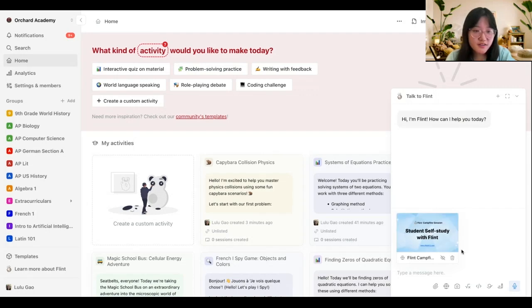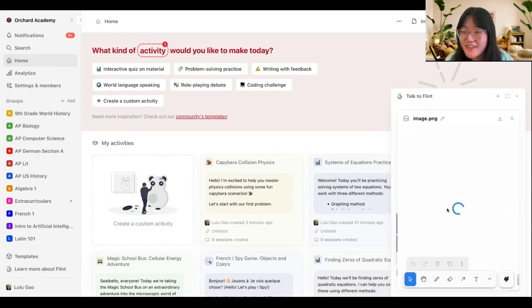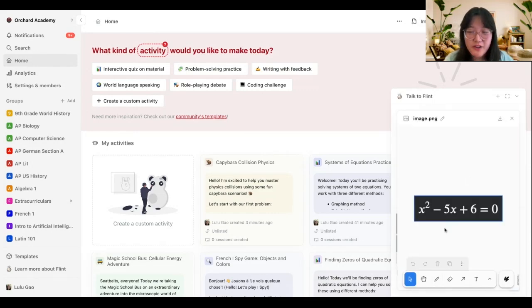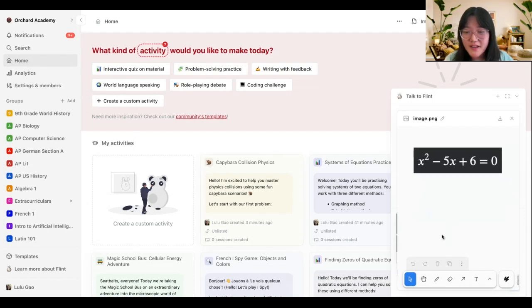I can take an image of a problem that I want to work on. Something new that we've added is this whiteboard attachment, where students can draw, show their work, and give the AI some insight into their process more easily.